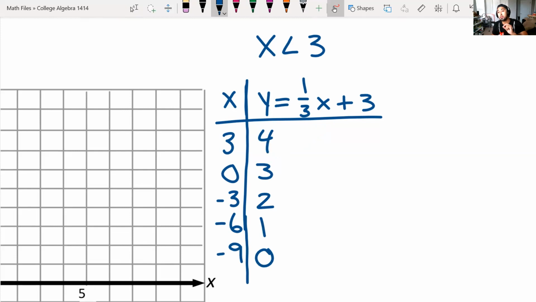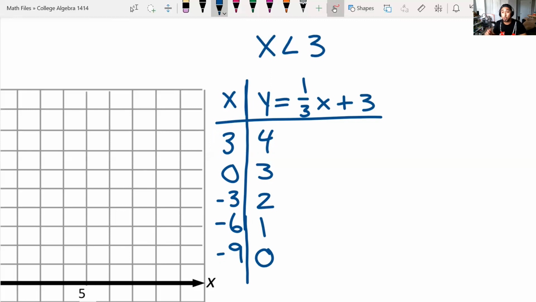Now, one thing to notice is, can we actually use 3? What does the inequality say? x has to be less than 3. It doesn't say less than or equal to 3.